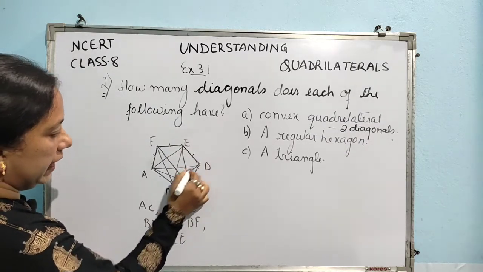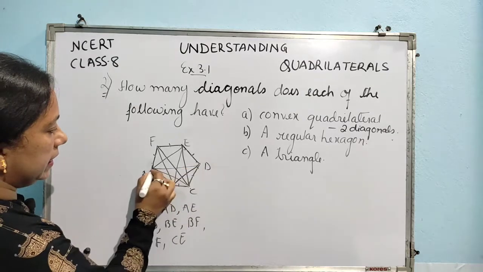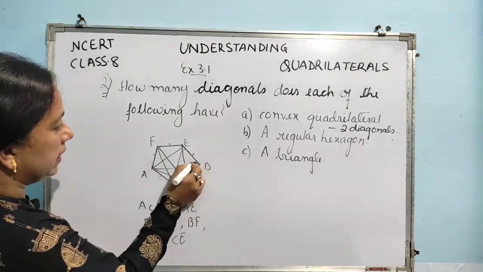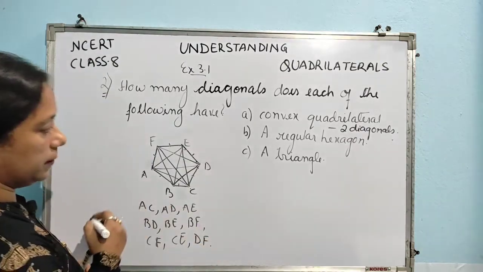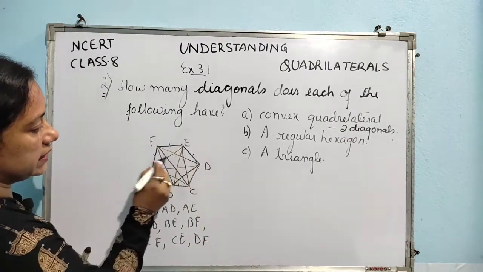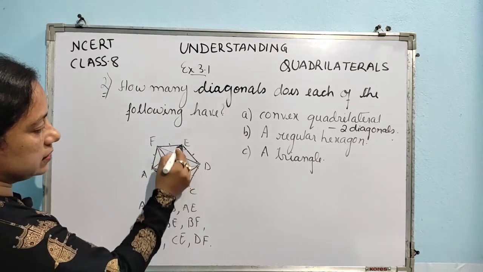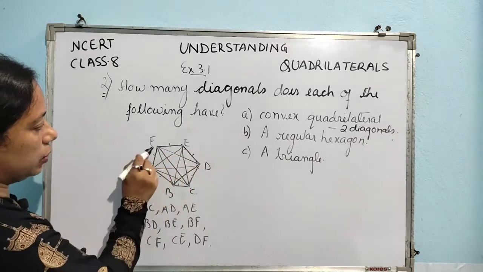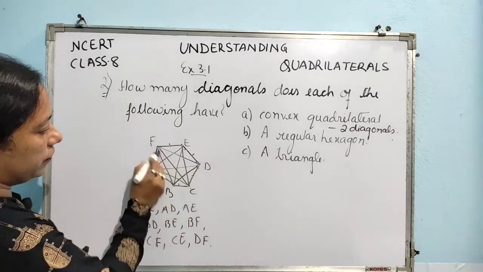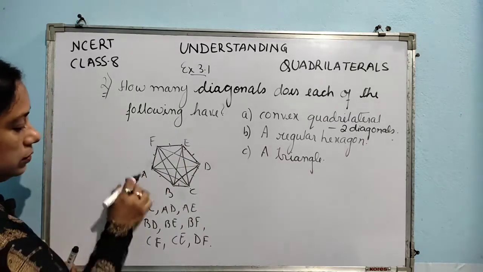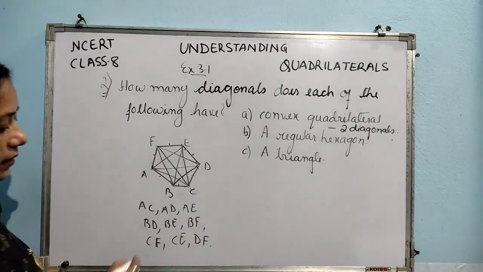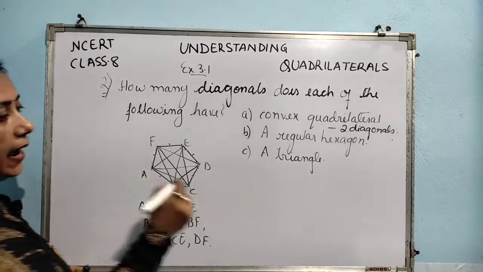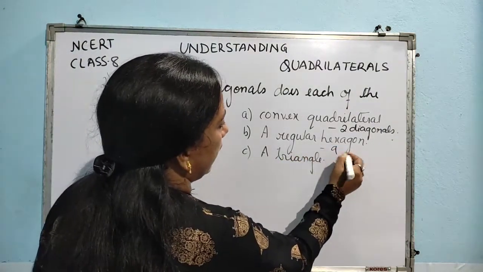So I will be joining DB already drawn, DA already drawn, DF. Now considering the vertex E, F and D are the consecutive. So this is already drawn. Considering F, FD, FC, FB already drawn. So ultimately 1, 2, 3, 4, 5, 6, 7, 8, 9. So ultimately we have got 9 diagonals in a regular hexagon.